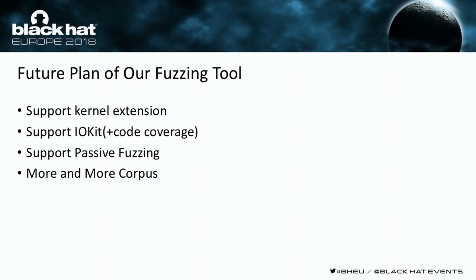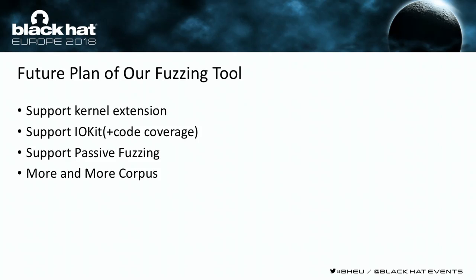Okay, and almost done for my sharing. This is a future plan of our tool. In the future, I may add support for the kernel extension, I mean the IOControl, the driver, and IOKit. I will add coverage for IOKit.